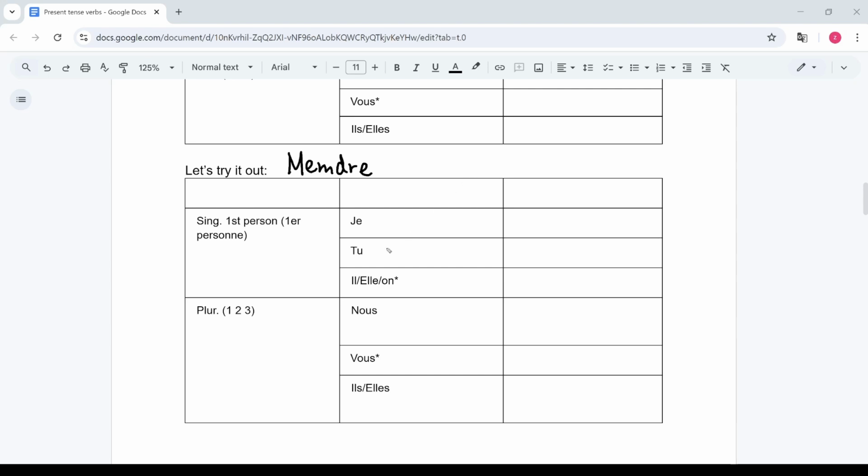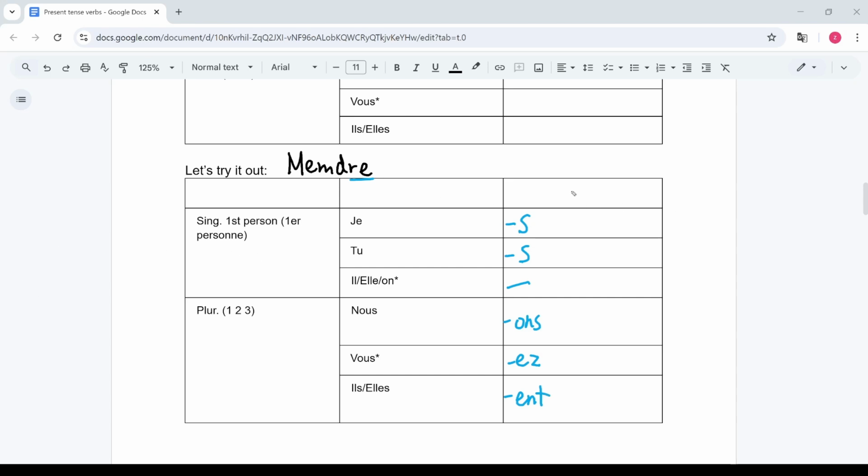Now, we first identify the ending, the group that it belongs to. This is an RE verb. Let's recall our RE endings for present tense. Je is an S, tu is an S, il, elle, on, we don't add anything. Nous, ONS, vous, EZ, and finally, il, elle, pluriel is ENT.